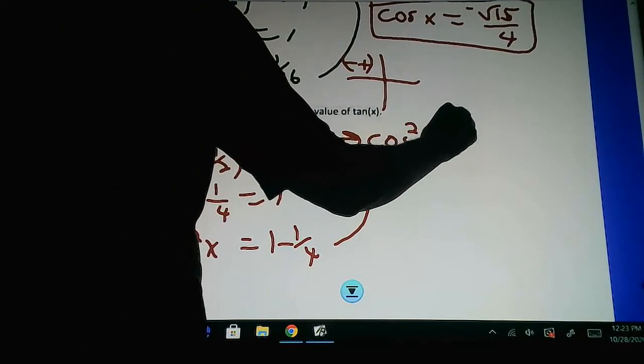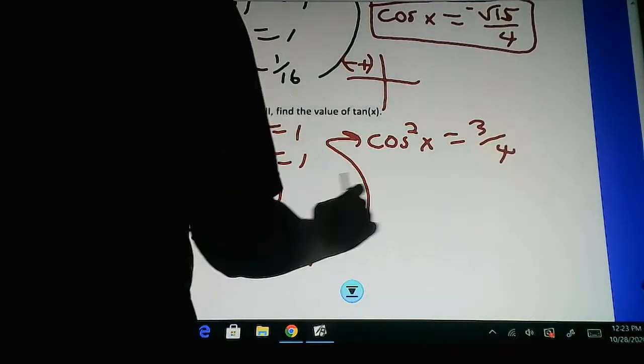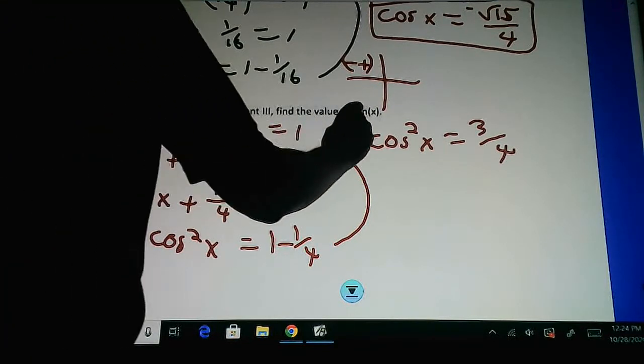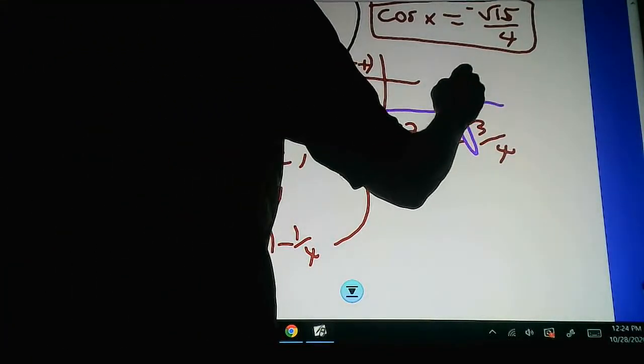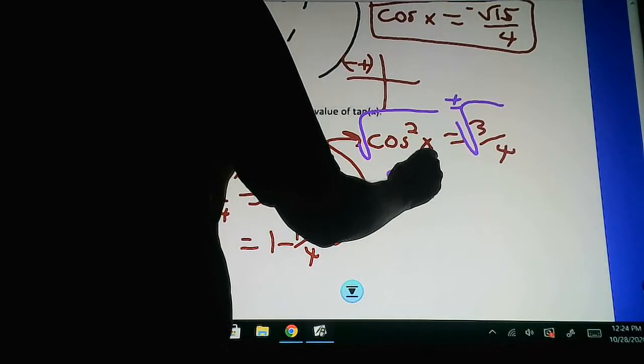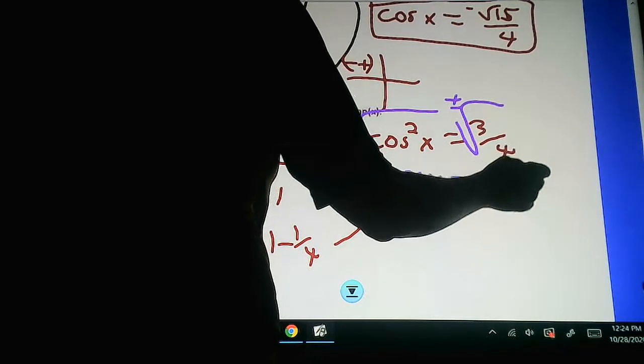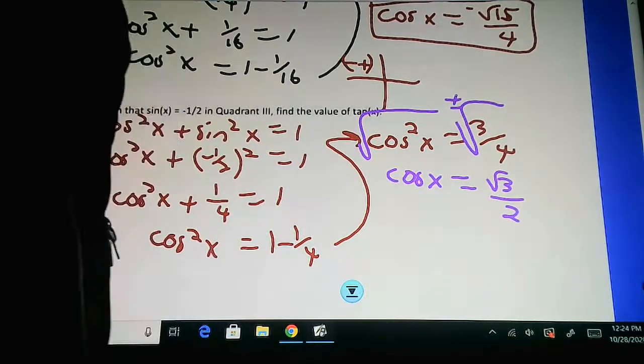So I have cosine squared equals 3/4. I'm going to root both sides. So I get cosine x equals square root of 3 over the square root of 4, but the square root of 4 comes out looking like a 2.